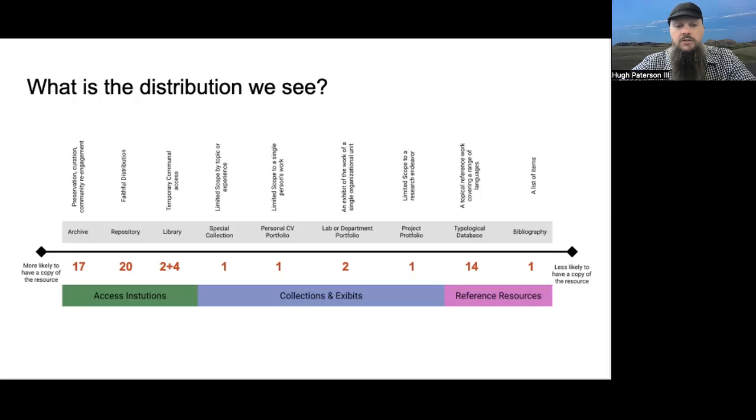And so I think what this tells us is that there's room for more aggregation of exhibits and collections that are not part of access institutions, and that we've had a great deal of success integrating reference resources in a way that scholars can look at a variety of reference resources by language, by what their language component is.